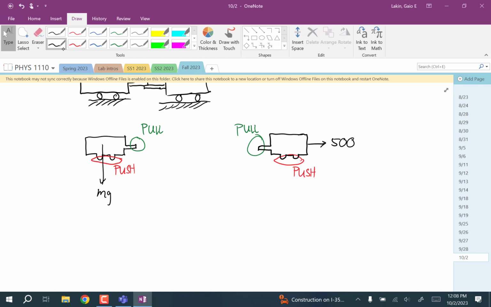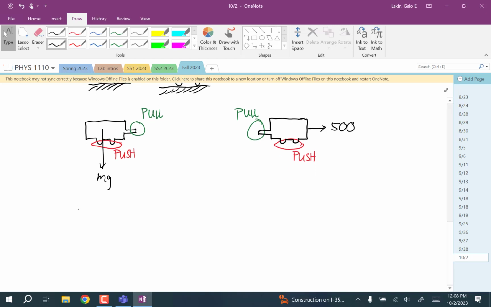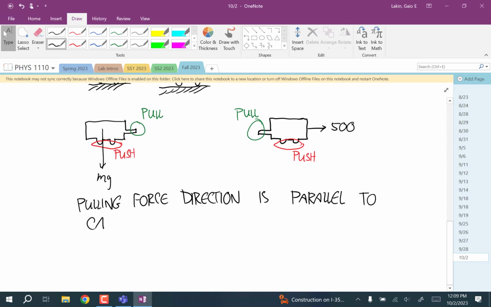Okay, so what's the rule for the direction of the force? So the pulling force direction is parallel to the cable away from the chosen body.